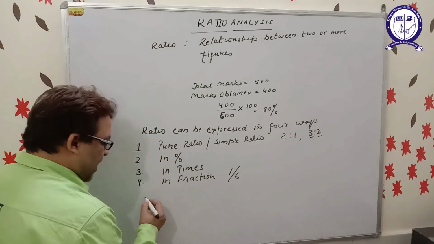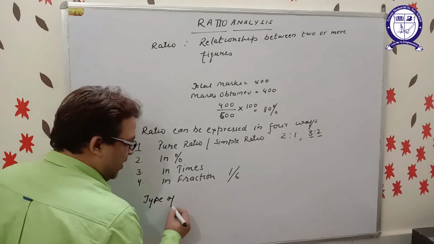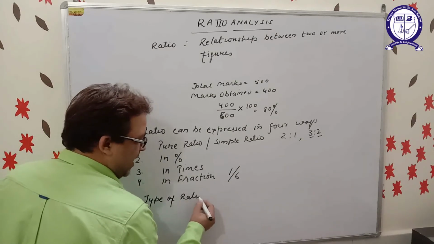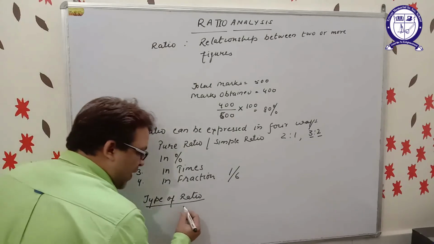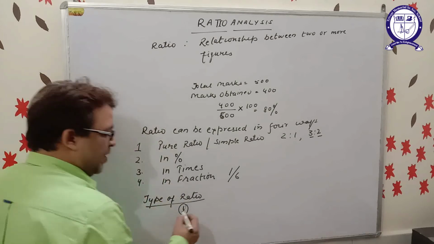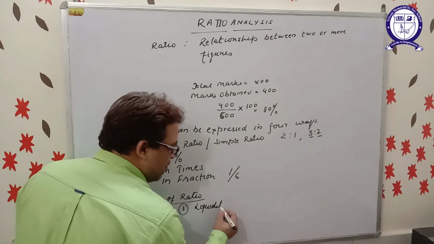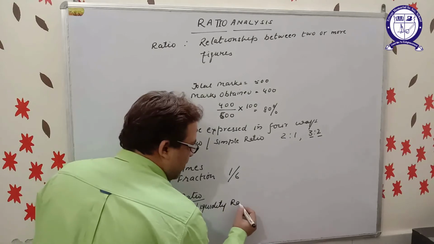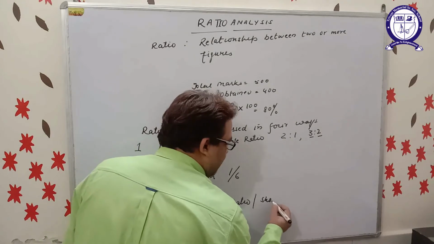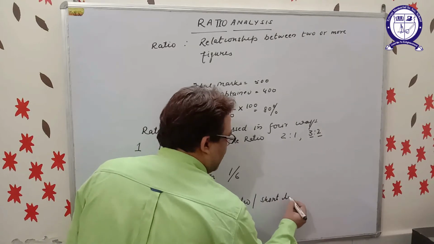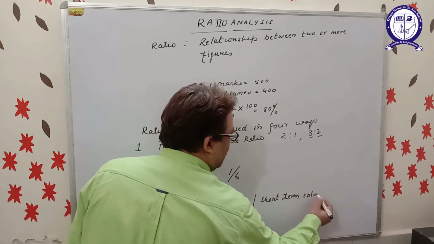Further, there are four types of ratios. Number one, liquidity ratio, also called short-term solvency ratio.